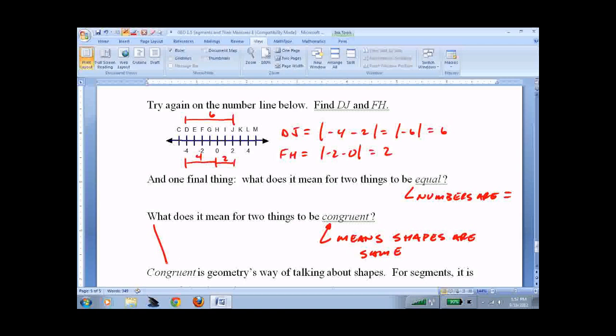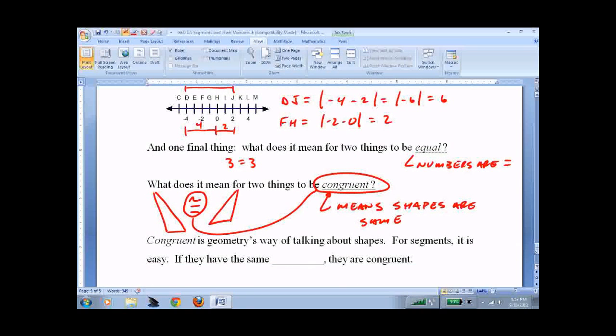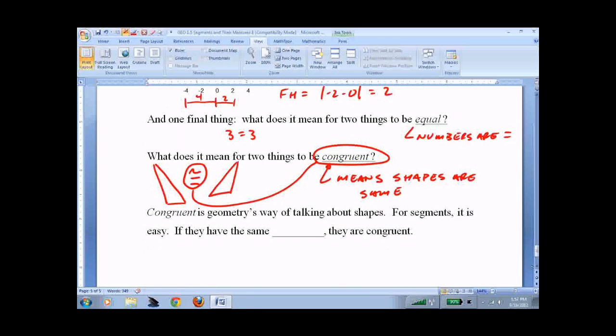So for example, assuming these are the same triangles, but I just flipped them around and did some weird things with them, we would say they're congruent. And that's a congruent sign. But if we were talking about numbers, I'd have to say 3 equals 3. And it's just congruent is geometry's way of talking about shapes.